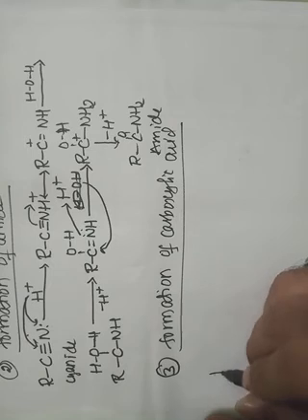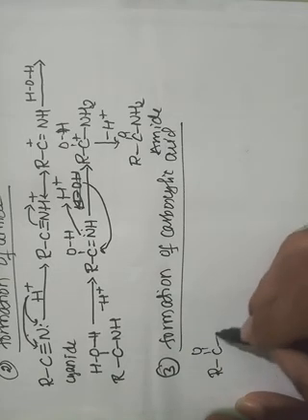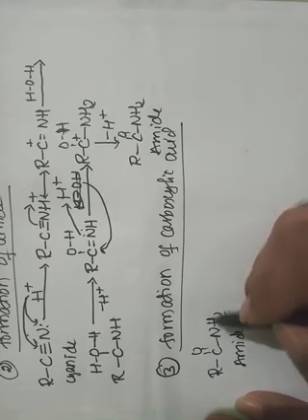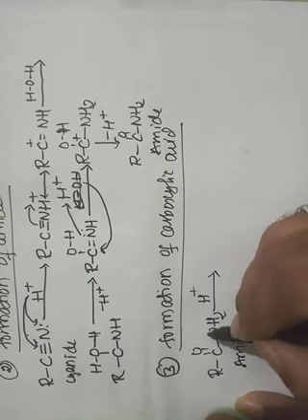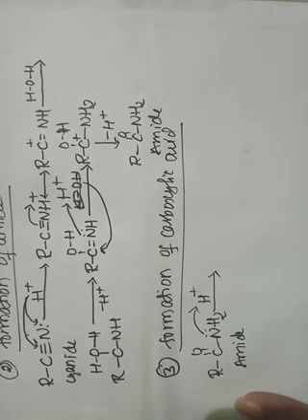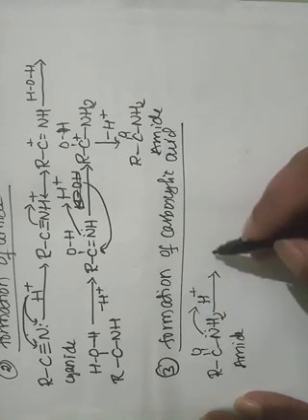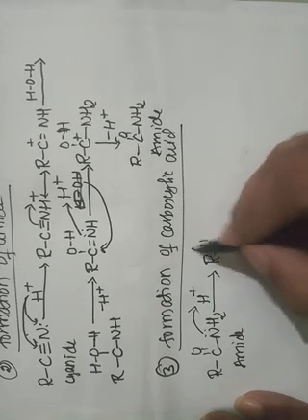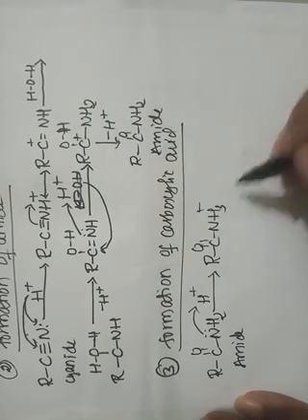The amide formed in the second step, RCONH2, has a lone pair of electrons on the nitrogen atom, and this H plus will attack it to give RC double bond NH3 plus.